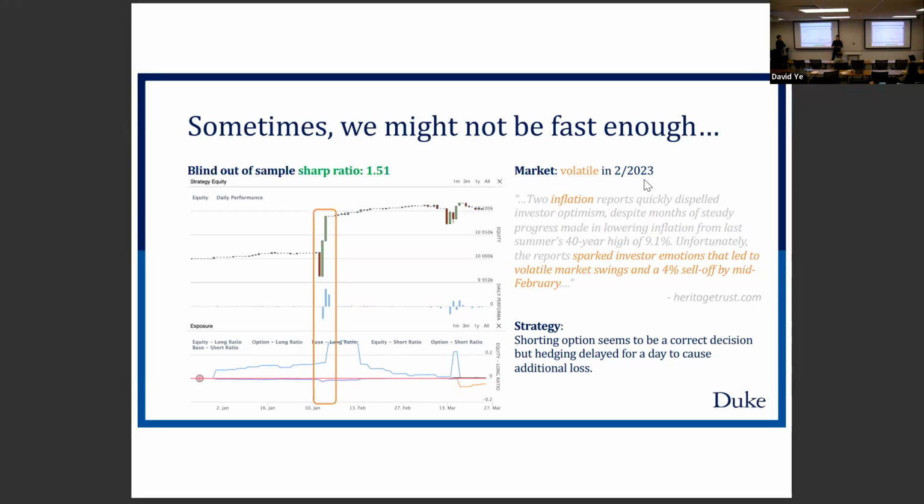Our algorithm thinks that the volatility is overestimated, so we short, and the result turns out that shorting options was a good decision. However, our delta hedge strategy seems to have a delay of one day here. So you can see that even though we are shorting the options on the first day of the month, the delta hedge is not yet effective, so we lost on the first day.